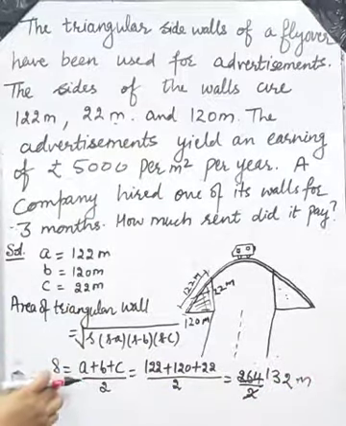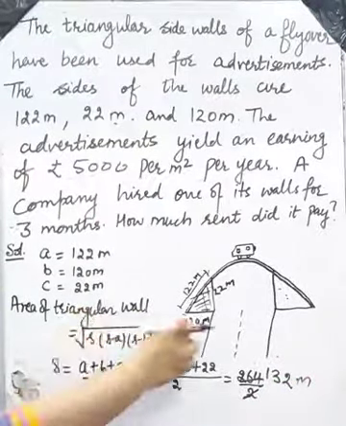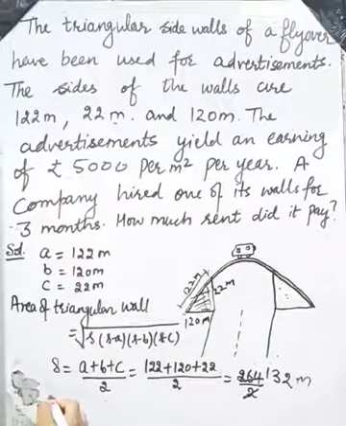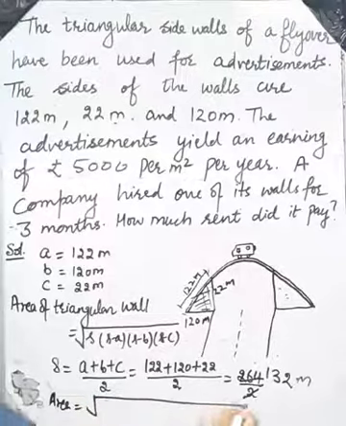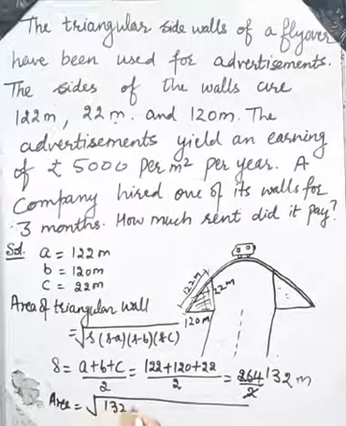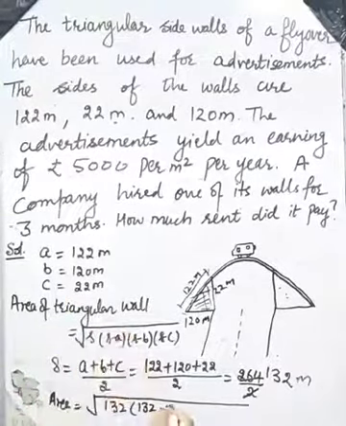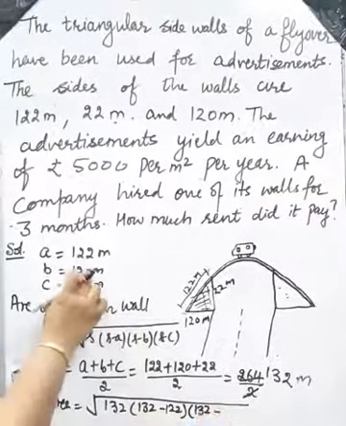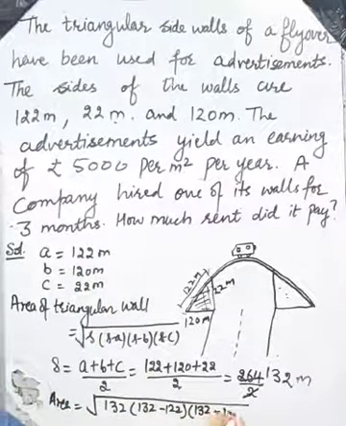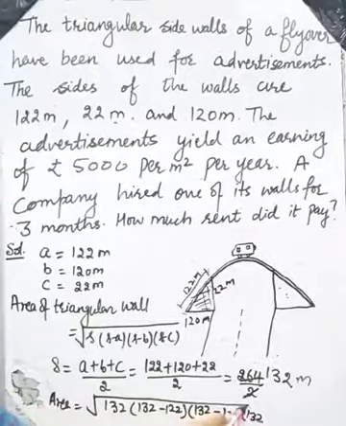Now we have to put the values of s, a, b, c under this square root. Area will equal to root of 132 into 132 minus 122 into 132 minus 120 into 132 minus 22.